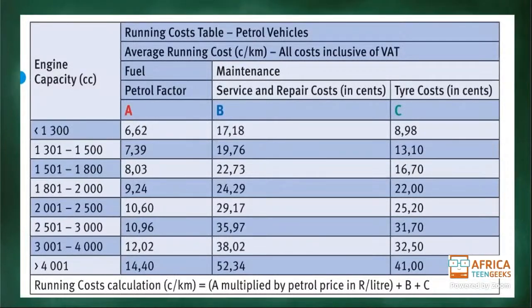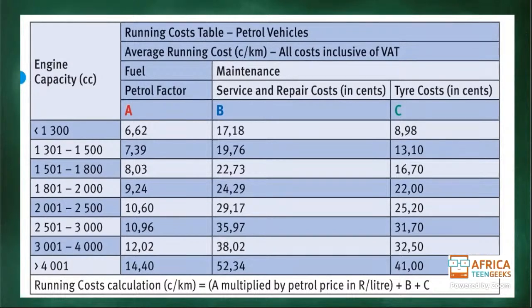Here's the table that I've just promised to give to you. You can see that this is a table with running costs for petrol vehicles. Remember, there are vehicles that use diesel and there are those that use petrol. Now, in this case, you can see that in the column on the left-hand side there, we have something called the engine capacity.